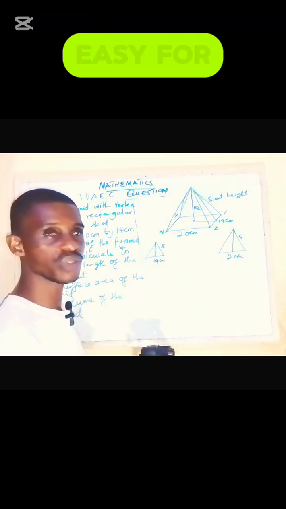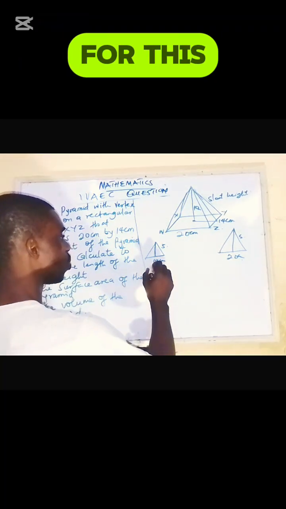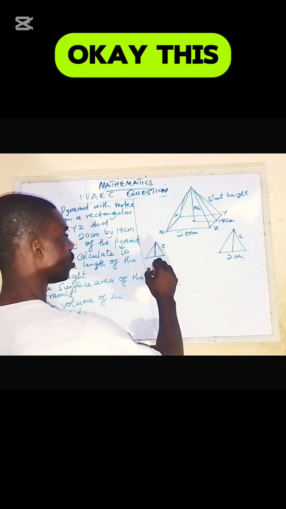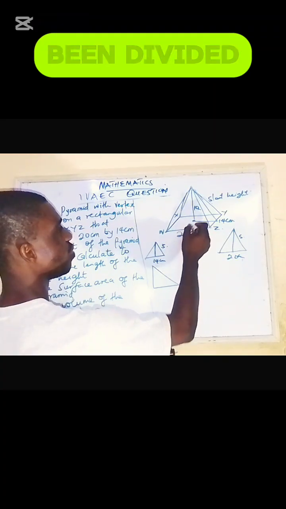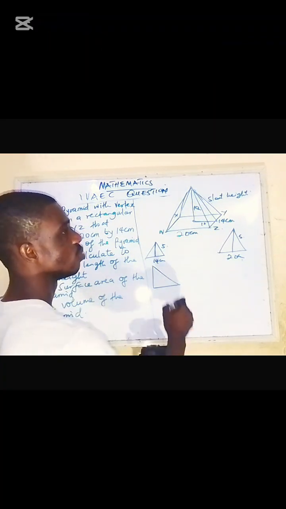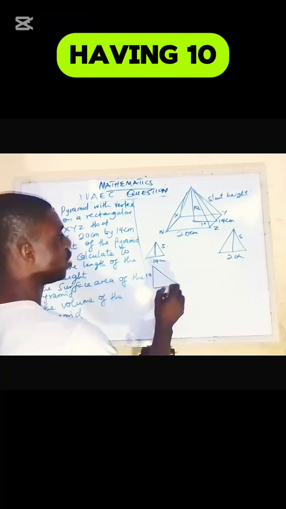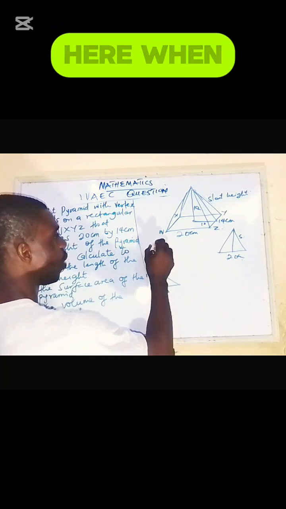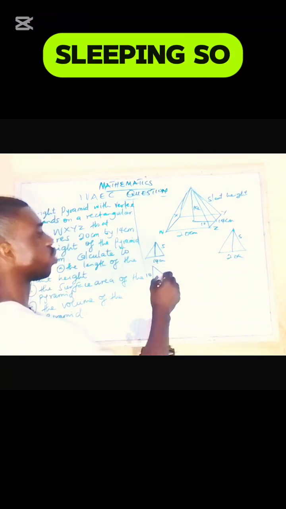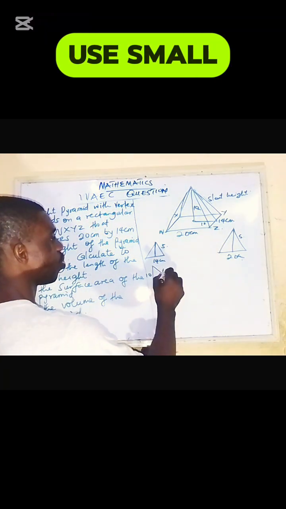So it makes it easy for me to calculate. This one is divided into two from here to here. It's half of this one, which is 10. So I have 10 here as the height, and I have 10 here to get this height, when it was lying flat. So I have the slant height for this one. Let me use small h.